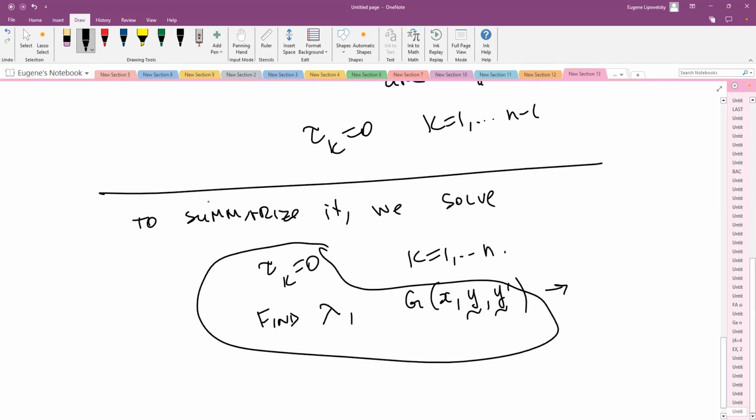So solve this system together. All right. That's the constraint thing.